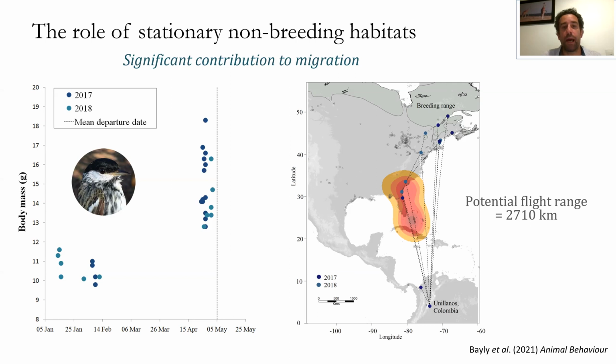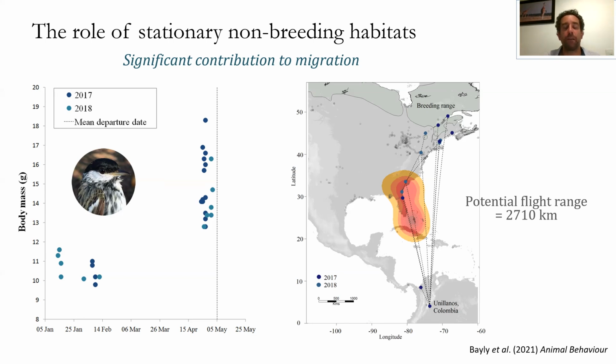So this example we have here is an example of blackpoll warblers gaining fuel immediately prior to migration in early May, as reflected in changes in body mass in the Orinoco region of Colombia. And this massive increase in body mass, which is primarily fuel for flight, translates into a potential flight range of around 2,700 kilometers.